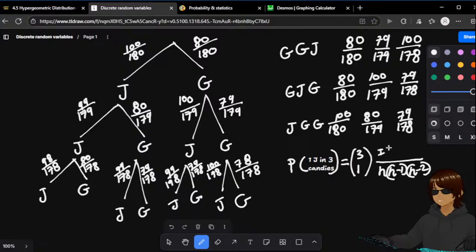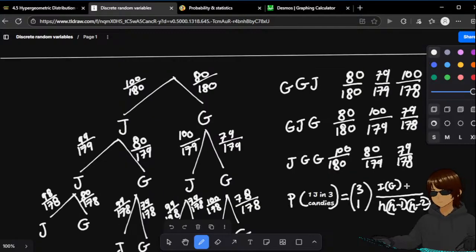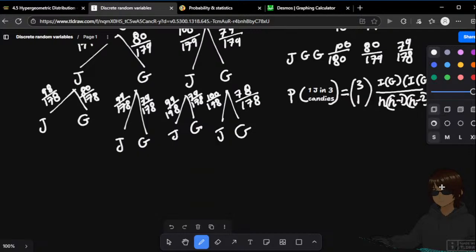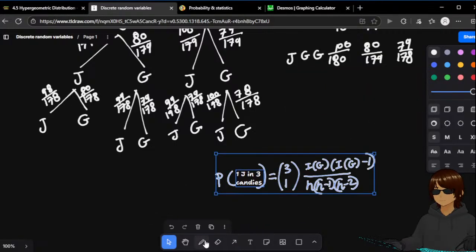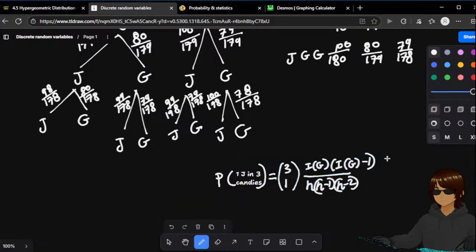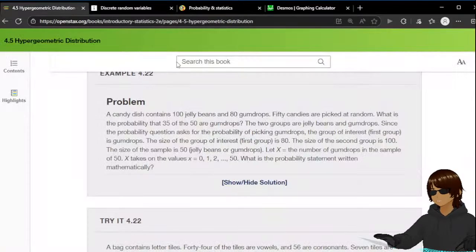So initial probability of gummy, then initial probability of gummy minus 1, and then the initial probability of jelly. I think this should be the general formula, right? Yeah, I think I can imagine that.